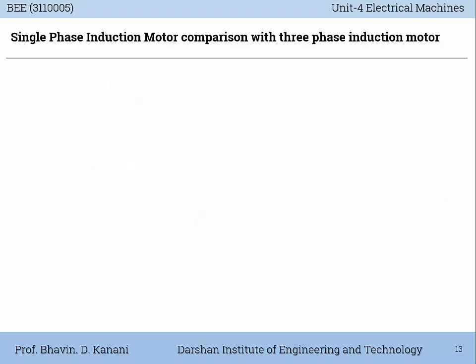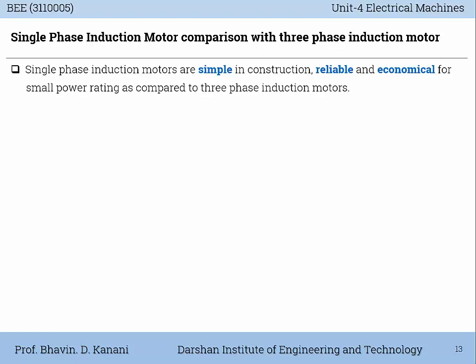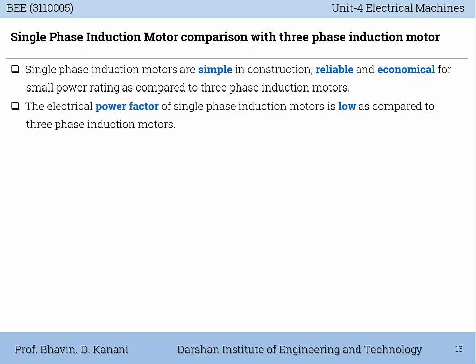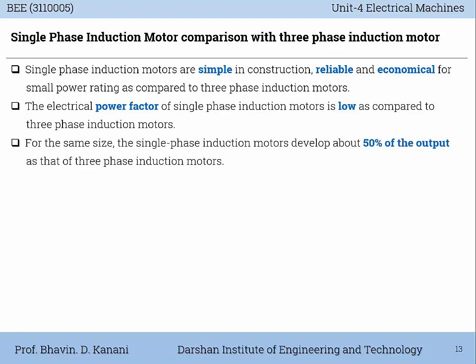Now a small comparison between single phase induction motor and three phase induction motor. Single phase induction motors are simple in construction, reliable and economical for small power ratings as compared to three phase induction motors. The electrical power factor of single phase induction motors is low as compared to three phase induction motors.